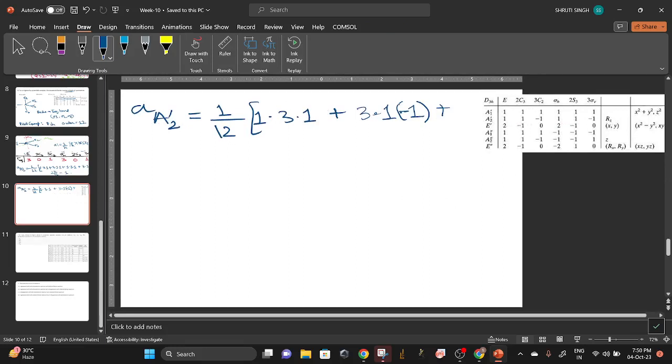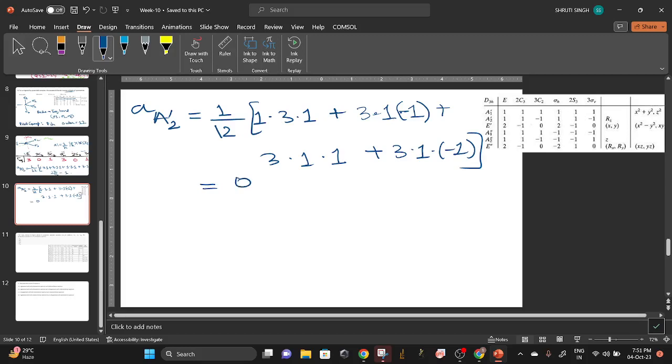So this is E, this is C2. Now sigma h will be 3 into 1 into 1. S3 is 0, no need to write this. Then sigma v is minus 1, so we will have 3 into 1 into minus 1. So we have 3, 3, minus 3, minus 3. So it is 0.